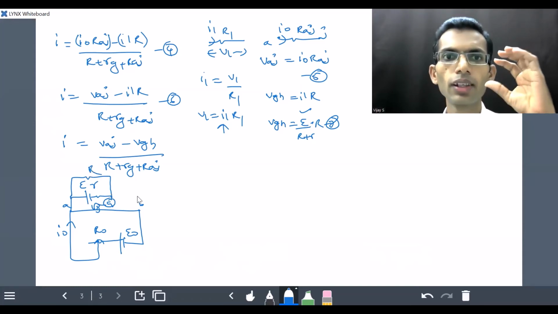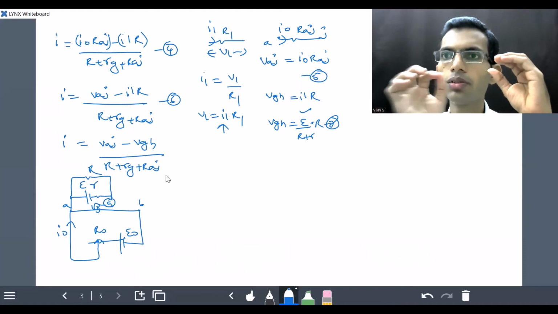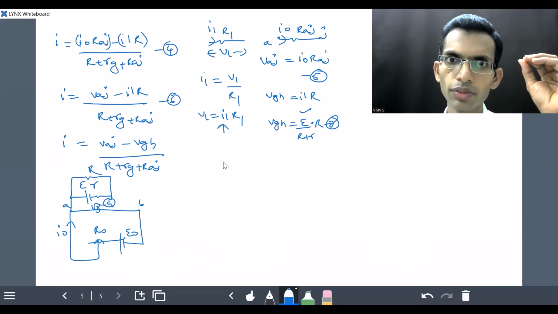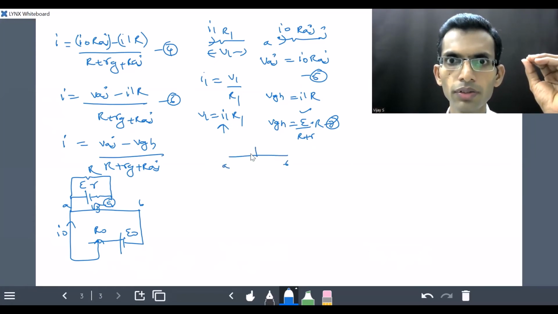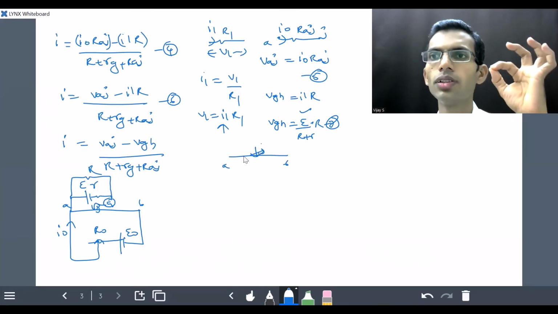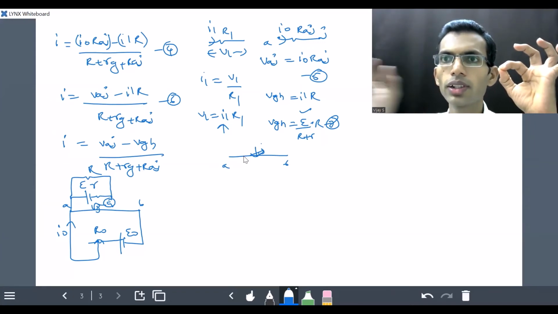Now, when we move the moving contact J on the wire AB, what happens? You can see here junction A position is fixed. When we move the moving contact J, what happens?